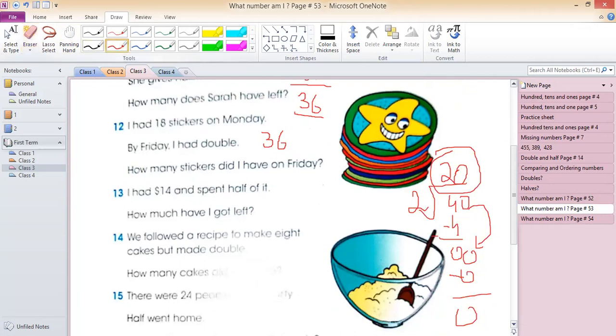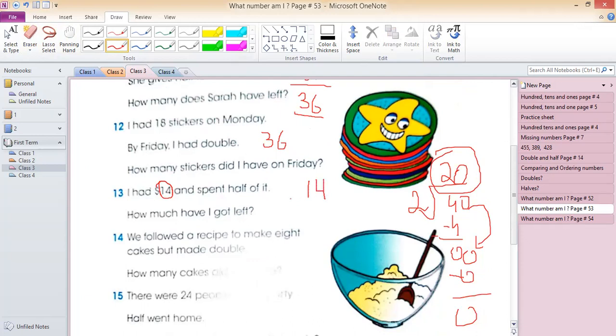Come to question number 13. Guys, I had $14 and I spent half of it. How much have I got left? In order to know that, you have to find half. How will you find half?